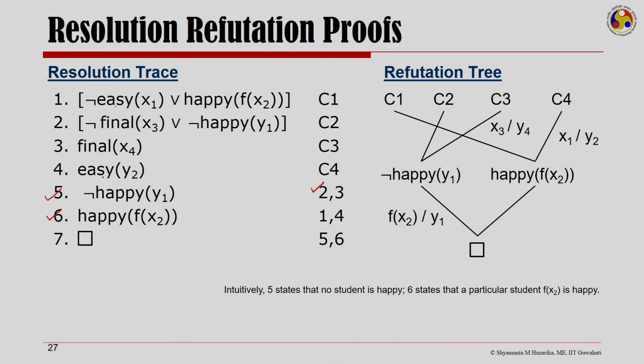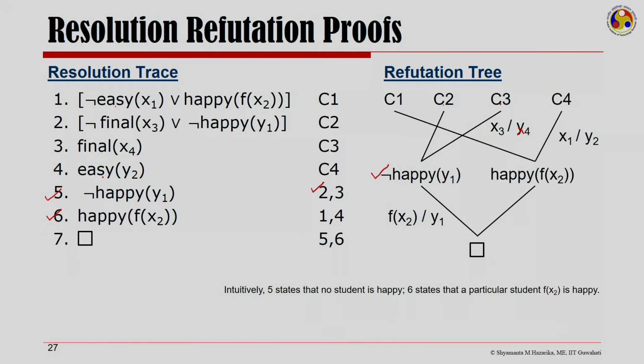If you now see, I had my first derived clause f1, which is between C2 and C3, and the substitution that was used while getting not happy y1 from 2 and 3 was x3 for x4.